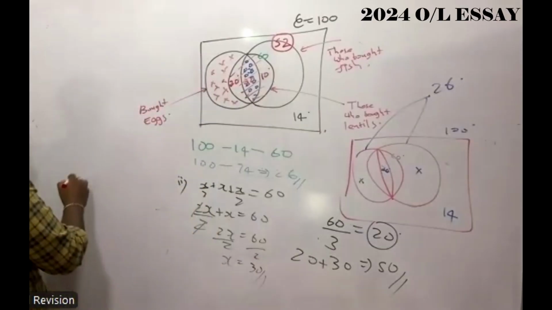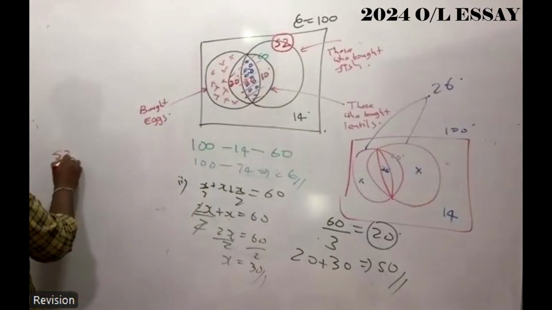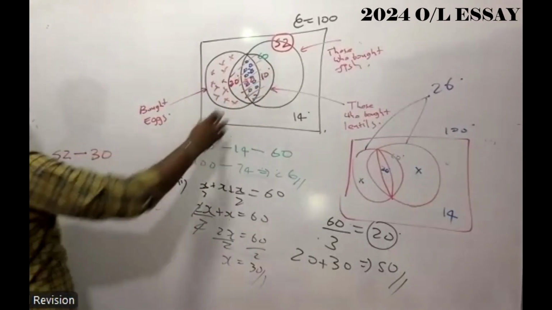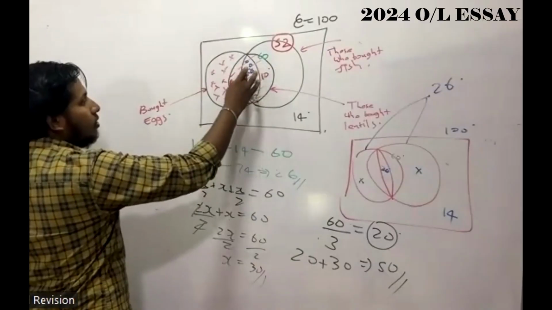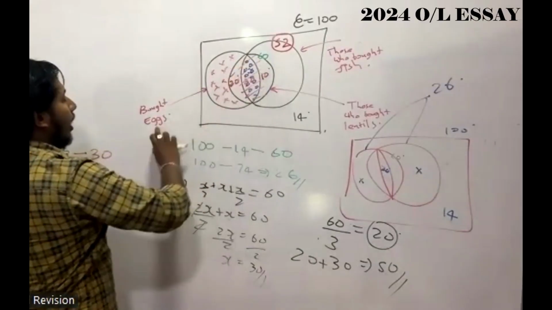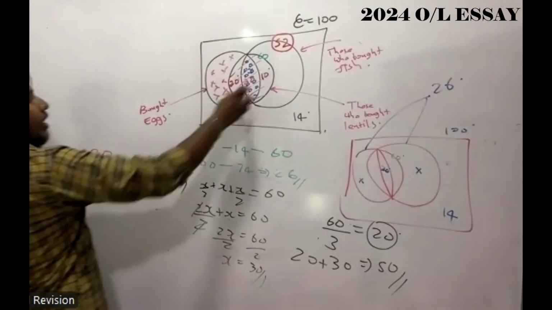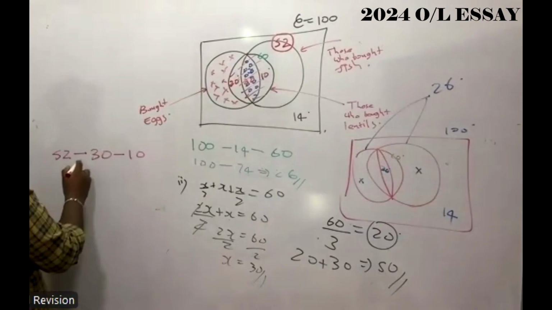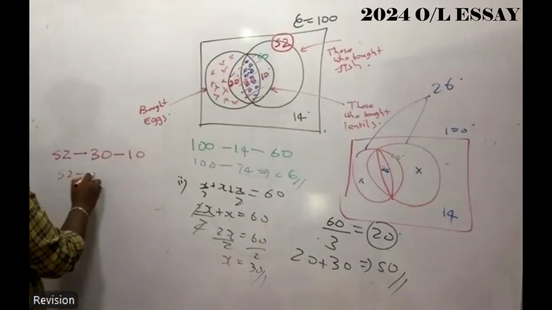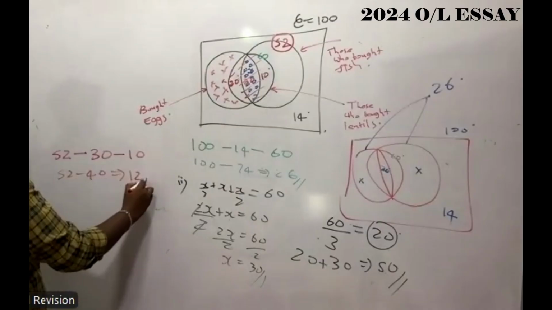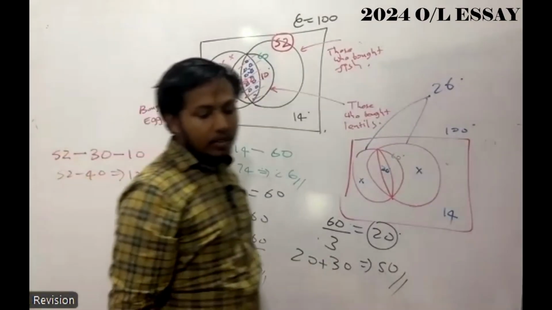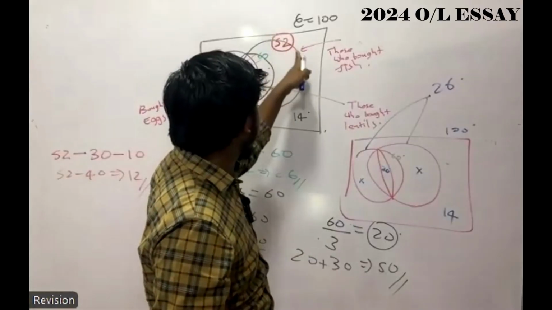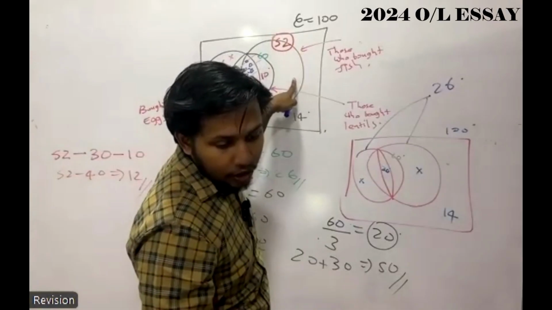So the total for fish is 52, from that subtract 30, the common part of lentils, fish and eggs, and again subtract 10. 52 minus 30 minus 10 is 52 minus 40, so the final answer is 12. This is the number of customers who bought only fish.